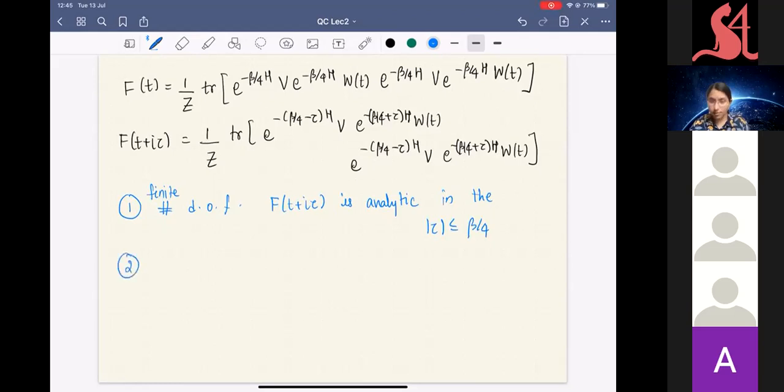And the second point is that at tau equals 0, this function is real.